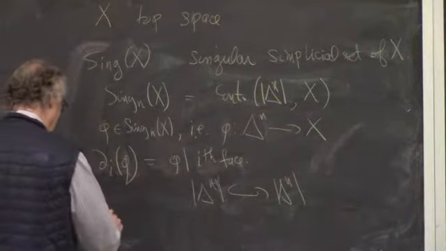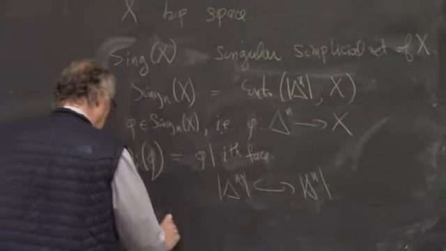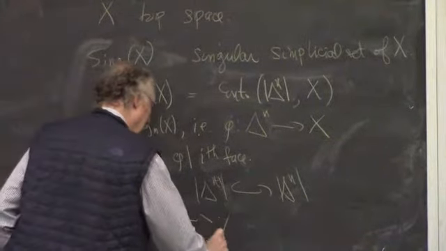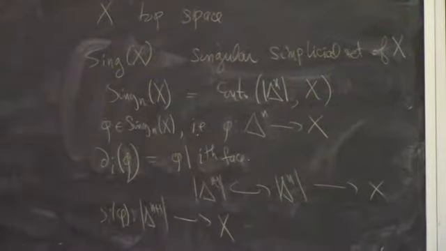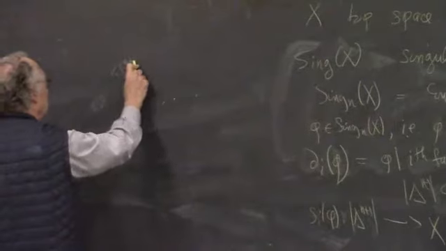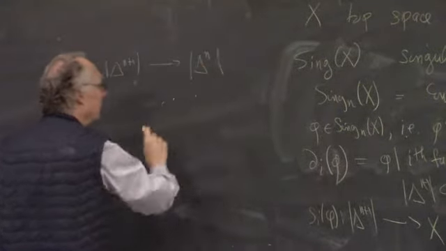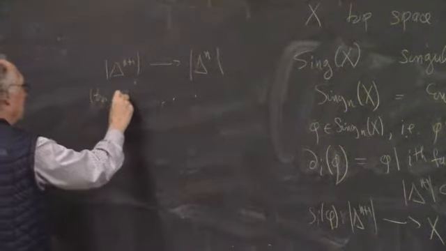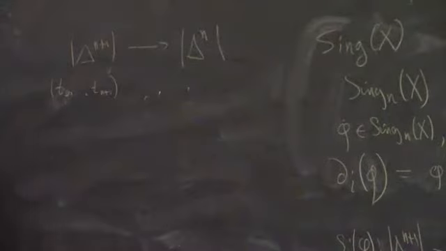Si of phi is supposed to be a map from the n plus 1 simplex into X. And what I do there is I take the n plus 1 simplex and I collapse it, degenerate it onto the n simplex. You think of points here as having affine coordinates t naught up to t n plus 1.